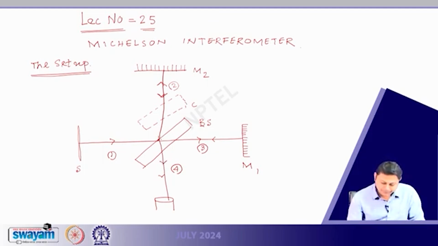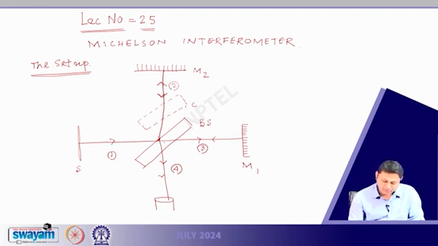So, one can see that in one case the ray is reflected from this front surface, that is the reflection from the highest refractive index region to the lowest refractive index.